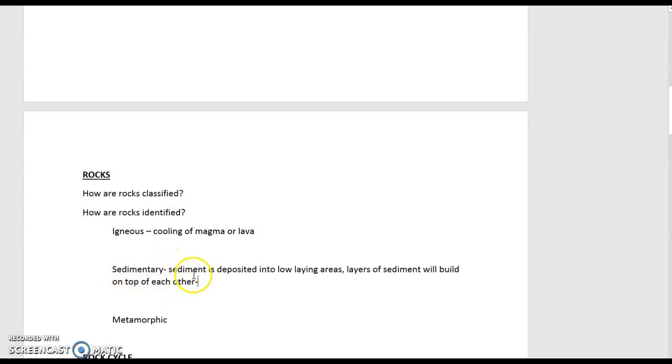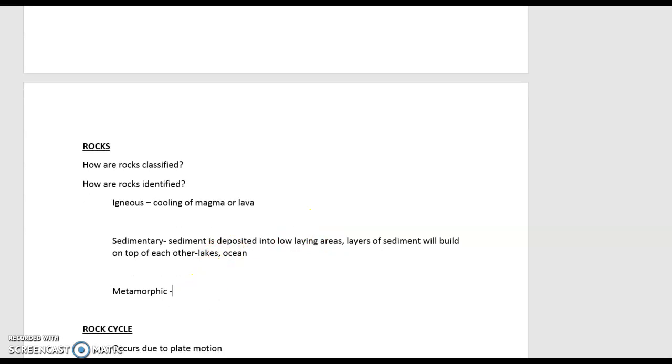So you should be aware that sedimentary rock, when we say deposit in low-lying areas, typically these low-lying areas are filled with water. So that means lakes, oceans. This is where sedimentary rock forms. Or is it metamorphic? So we know this type of rock only occurs underground.